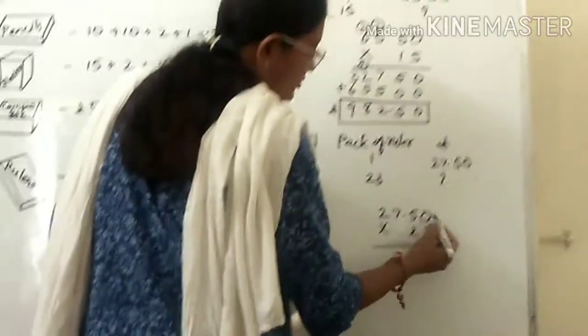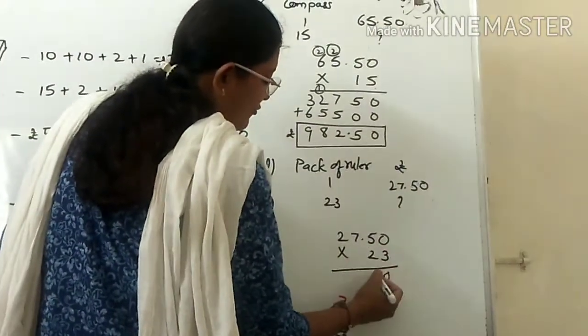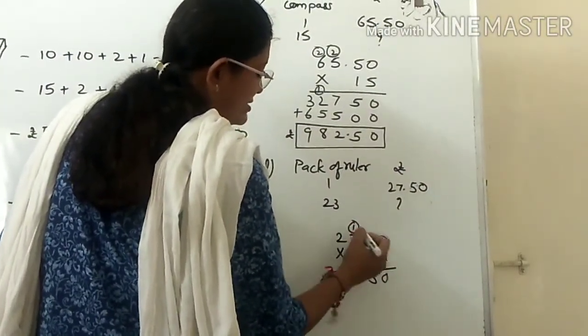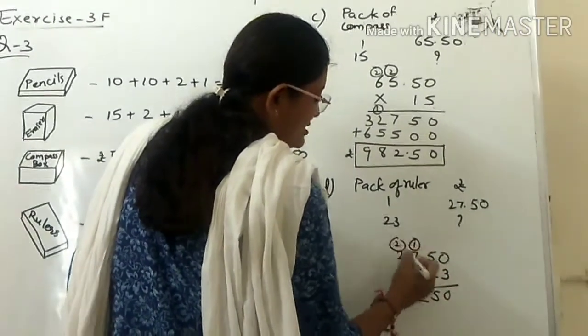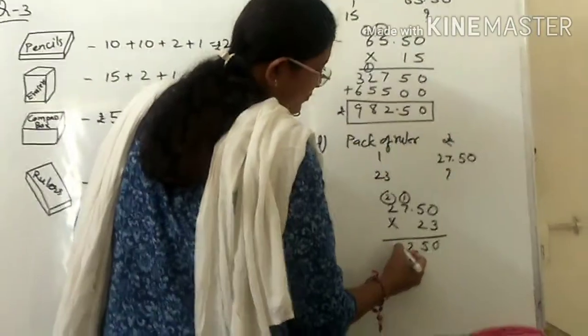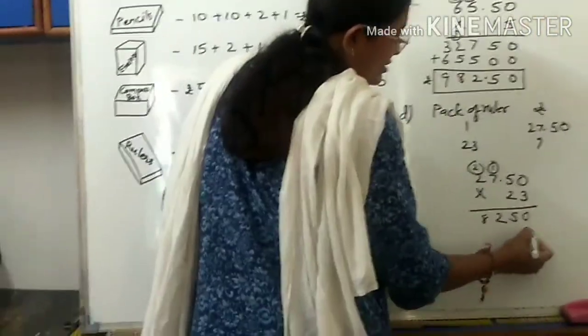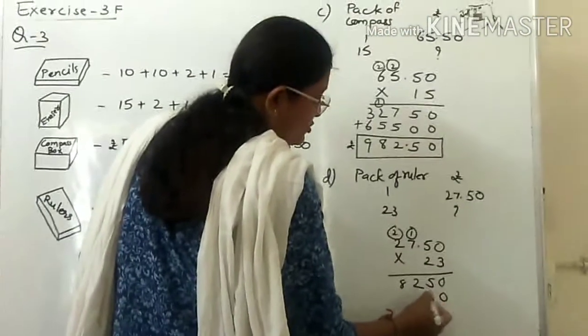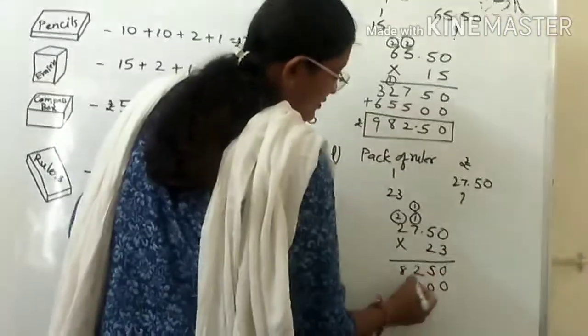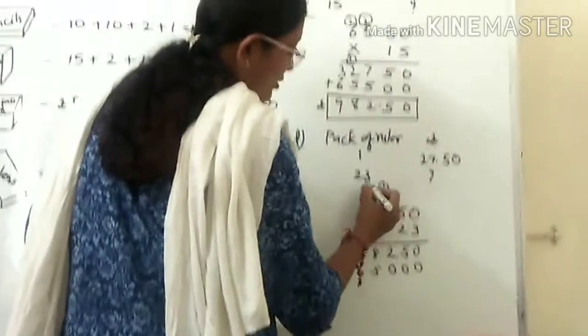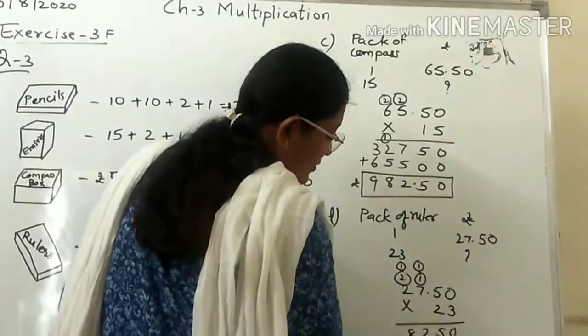So we'll start with 3. 3 zeros are 0, 3 5s are 15, 5, 1 carried over, 3 7s are 21 plus 1, 22, 2, 2 carried over, 3 2s are 6 plus 2, 7, 8. Keep 0 for tens place, 2 zeros are 0, 2 5s are 10, 0, 1 carried over, 2 7s are 14 plus 1, 15, 5, 1 carried over, 2 2s are 4 plus 1, again 5.